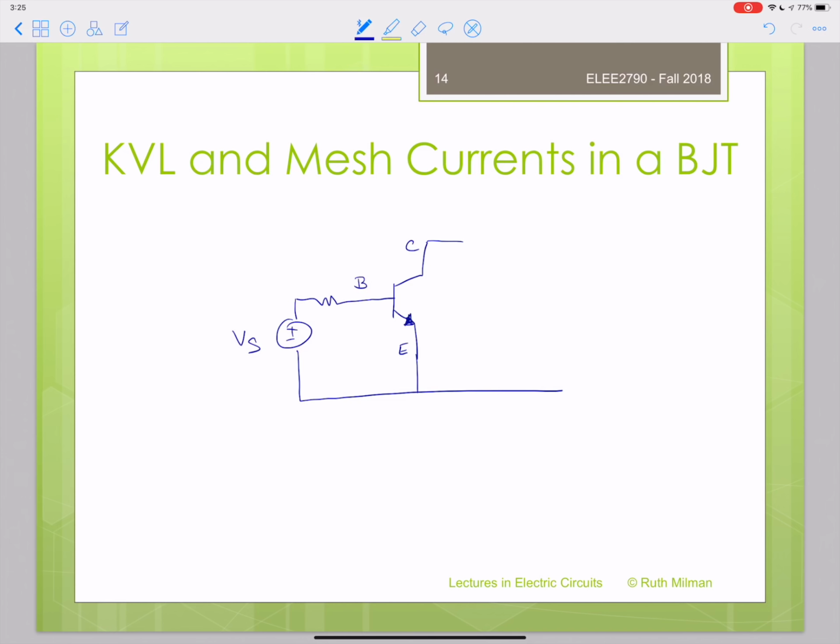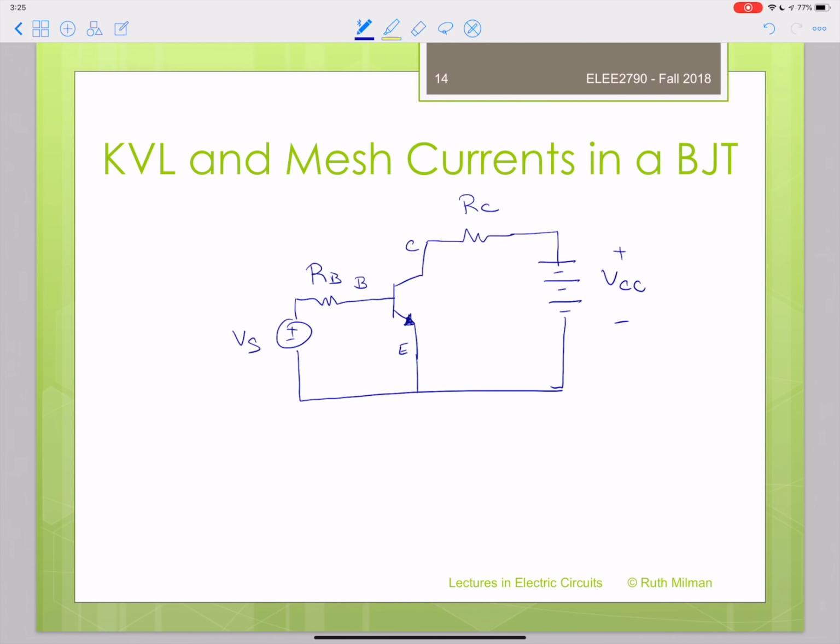And on the collector side, you have a collector resistor, so we're going to call this our base resistor, our collector resistor, and we have a battery. Notice that I label this as a battery and not as a general source because this is the power supply to my entire circuit. So we need to show that we've got a power supply in our setup. And this dictates the maximum source voltage.